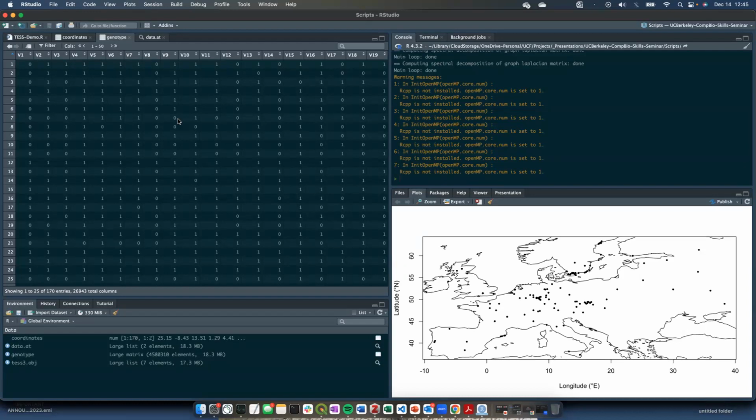So you just have the genotype information, but you don't have the position, so it can be empty or something like that. Do you mean the coordinates? Yeah, for the genotype data, you don't know if they are on the same chromosome or something else. Oh yeah. So for TESS, the actual TESS function, you don't need the locations of your loci.